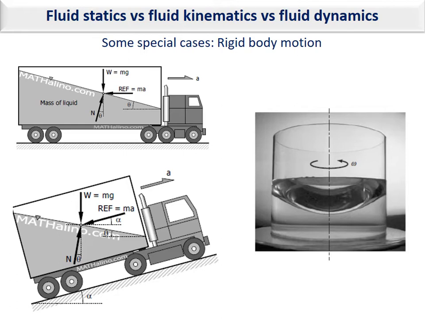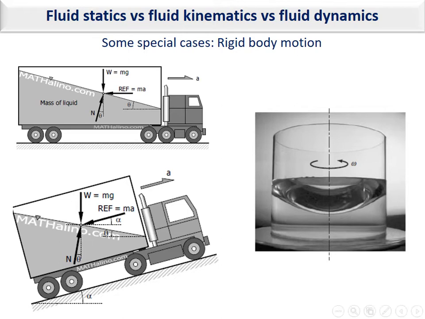But the important point here is that after passing the unsteady state, the form of the free surface will remain constant at the angle shown, and then the mass of the liquid behaves like a solid.